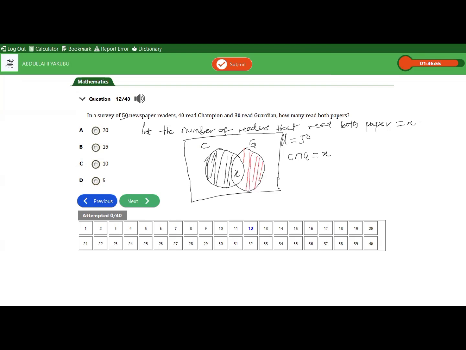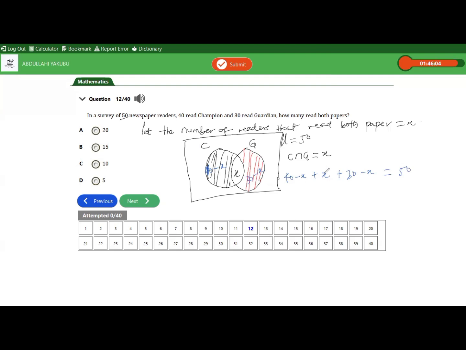Is that understood? For us to know those that read only Champion, it is going to be the total number of people that read Champion, which is 40, minus those that read both, which is X. And those people that read only Guardian without Champion will be 30 minus X. So now the total number of readers will be 40 minus X plus 30 minus X, which gives us 50 as the total.